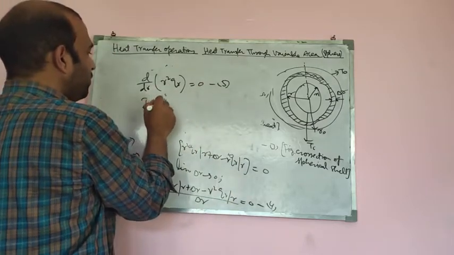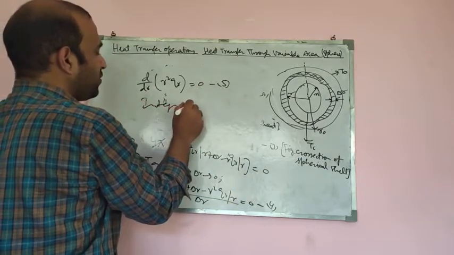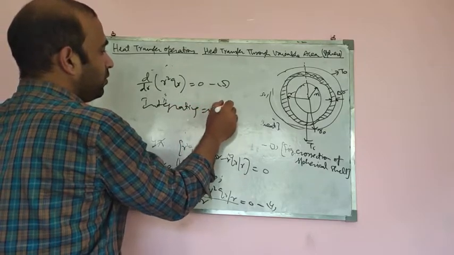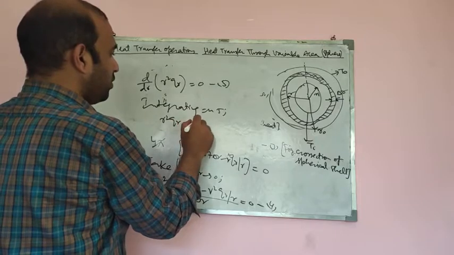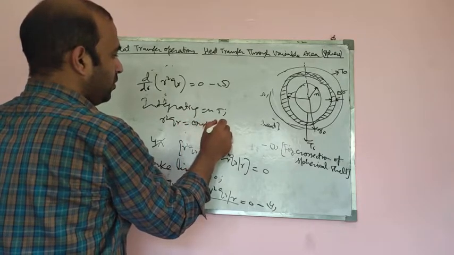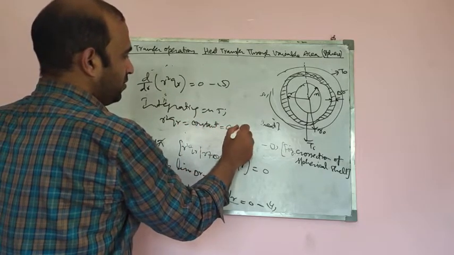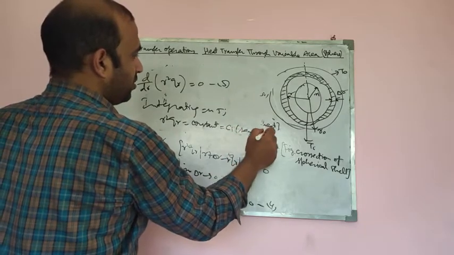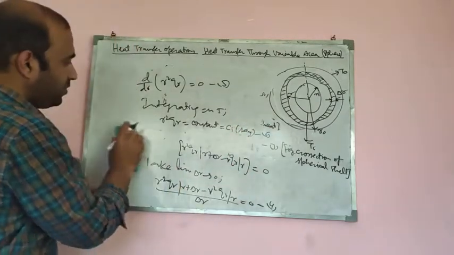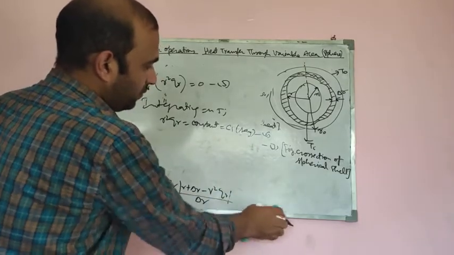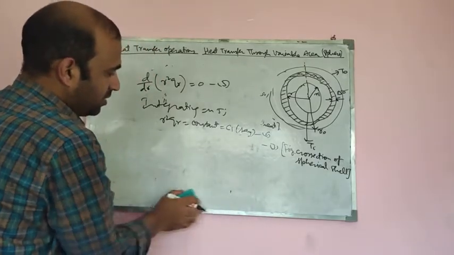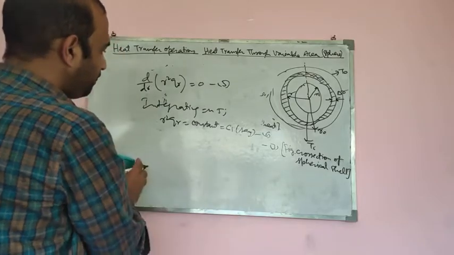Now integrating equation 5, we can write r square qr is equal to a constant, let's call this constant c1. So this is equation 6: r square qr must be equal to c1.